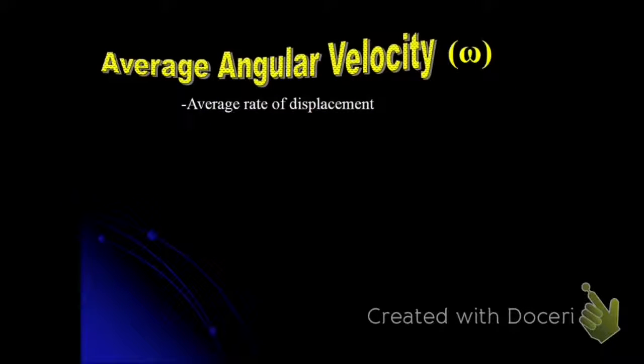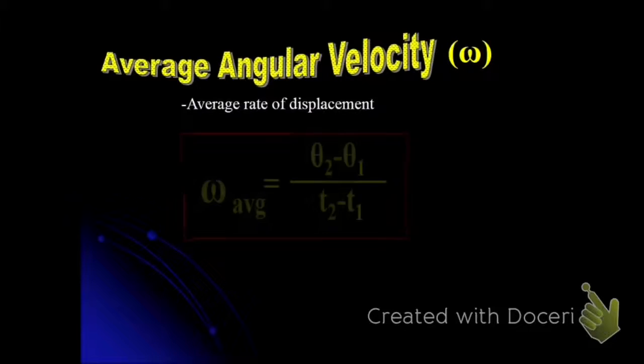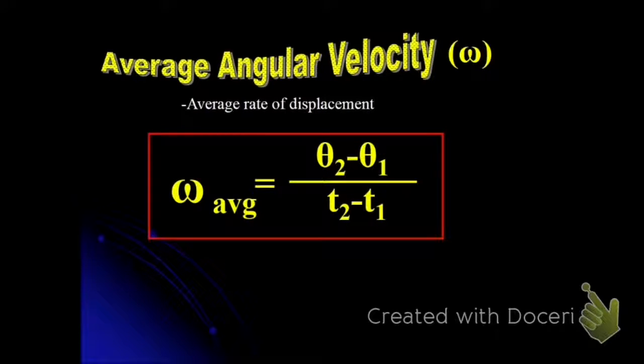The next thing we're going to talk about is the average angular velocity. Just like velocity is how quickly something is displacing, or displacement over time, angular velocity is going to be the change in angular displacement over time. We're going to abbreviate it with what looks like a little lowercase cursive w.